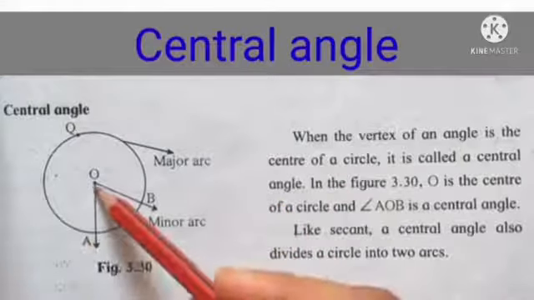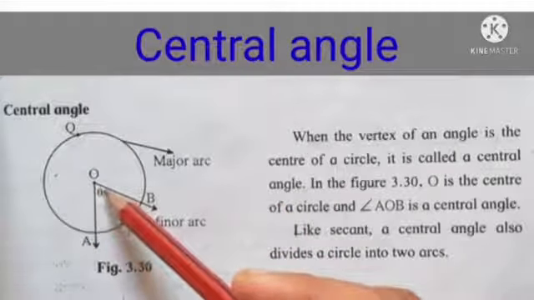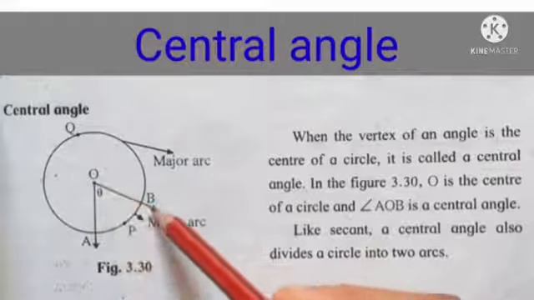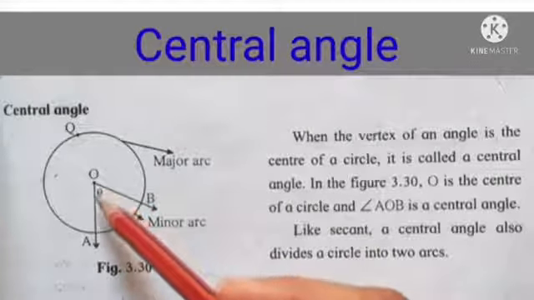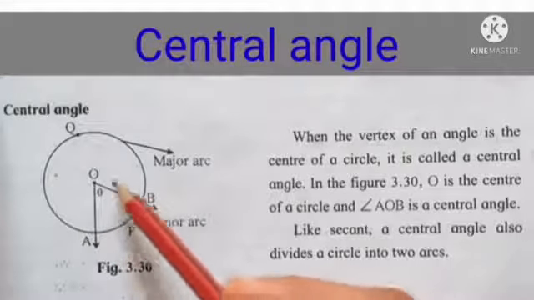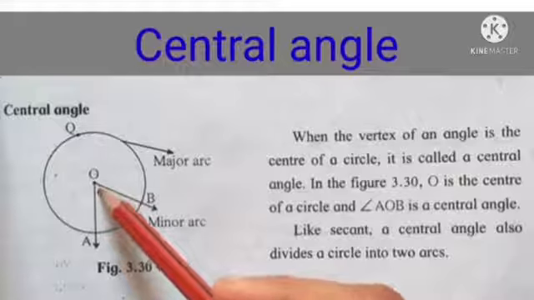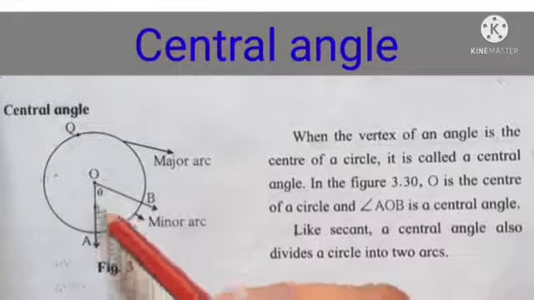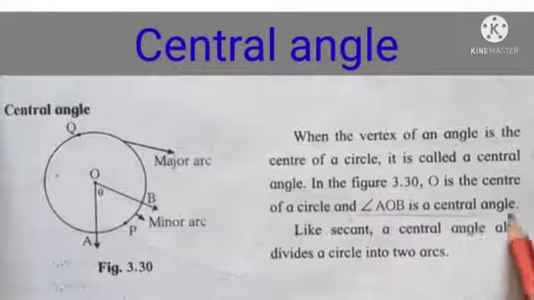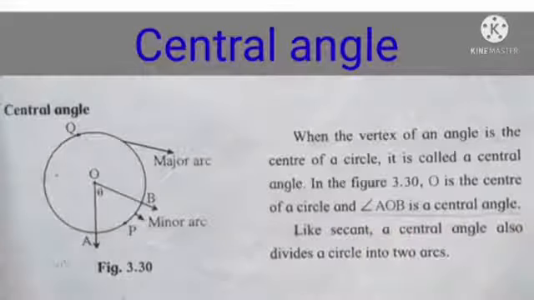The angle whose vertex is the center, we call it a central angle. See in the figure, O is the vertex of angle AOB and O is the center of the circle. Therefore, angle AOB is the central angle of the circle.